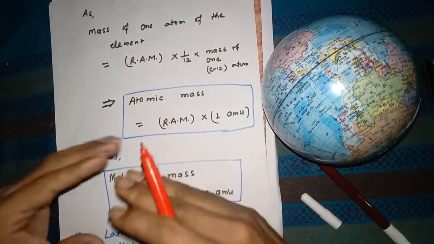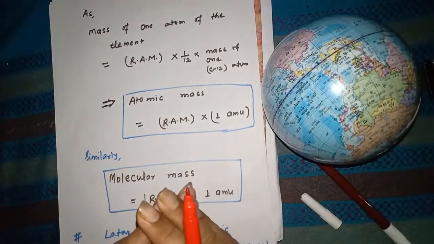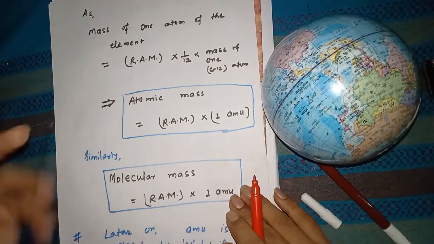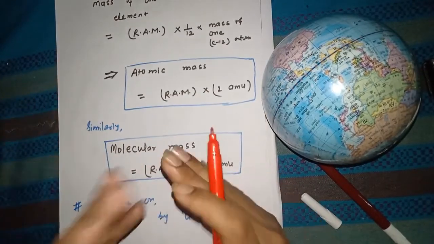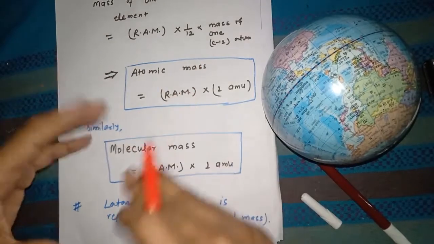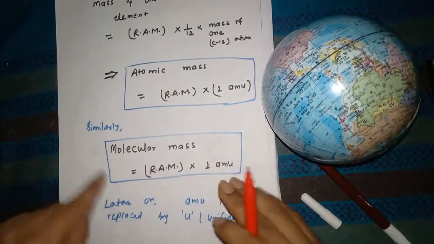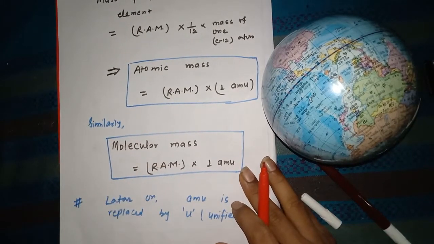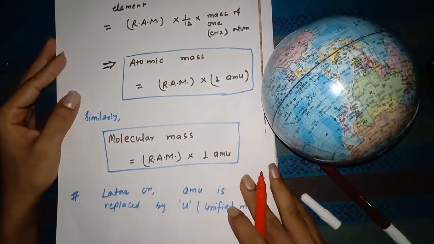So if you consider the mass of one molecule, not atom, then we say it is molecular mass, not atomic mass. We can extend this concept to molecules also. So we can say that molecular mass is RAM into 1 AMU. Have you got my point?